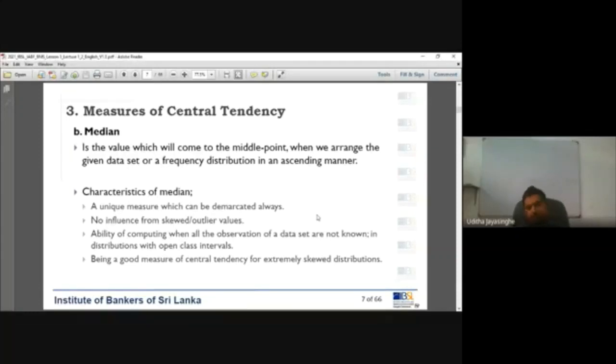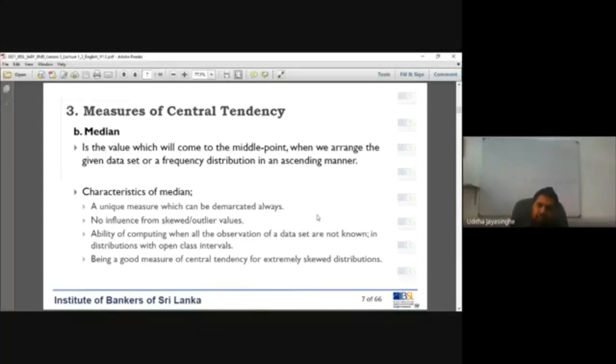Some of them we will not be discussing under this curriculum, but the middle point definition is very important, not in a very balanced data set, but rather in extremely skewed or extremely deviated distributions. You have a couple of ones, twos, and threes, and then many thousands, 2000s, 3000s likewise. So it's very skewed. In those instances, the median or the middle point shows you where we will be demarcating the first 50% and the second 50%.